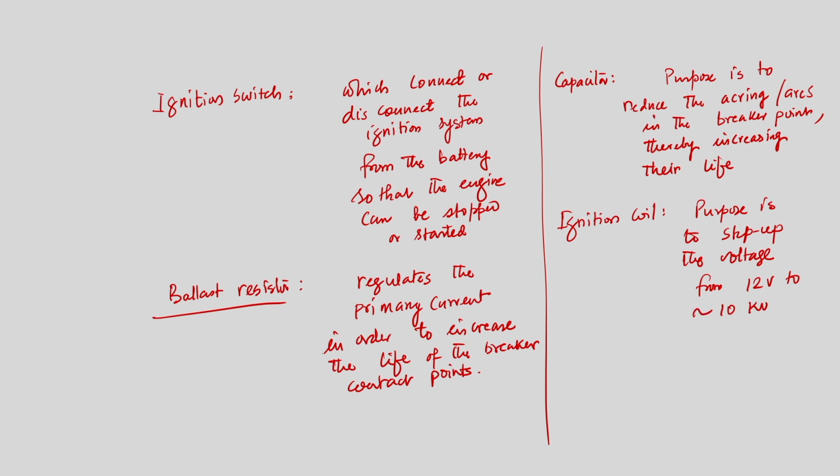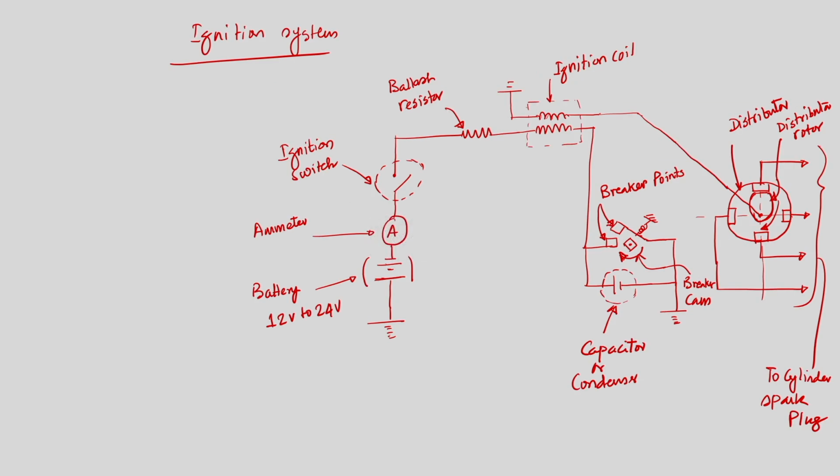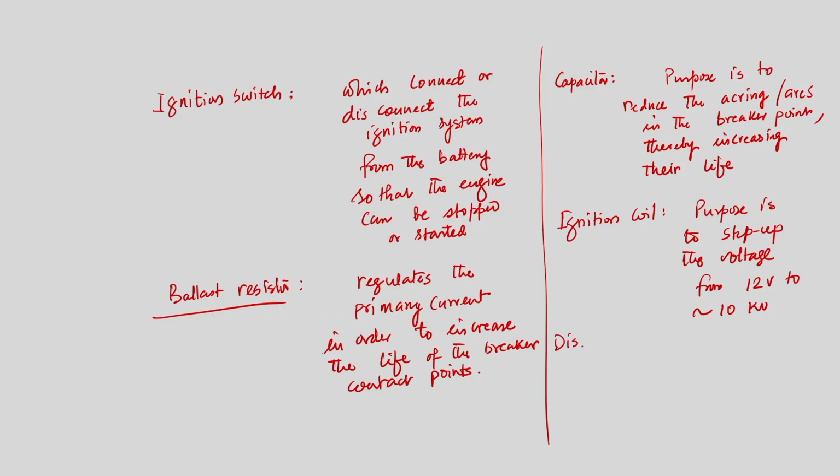If I go back to the previous slide, we have the ignition switch, which we have understood, ballast resistor, ignition coil, breaker cam, and the distributor rotor, whose function is to distribute, of course. Okay, we can write the distributor, right.